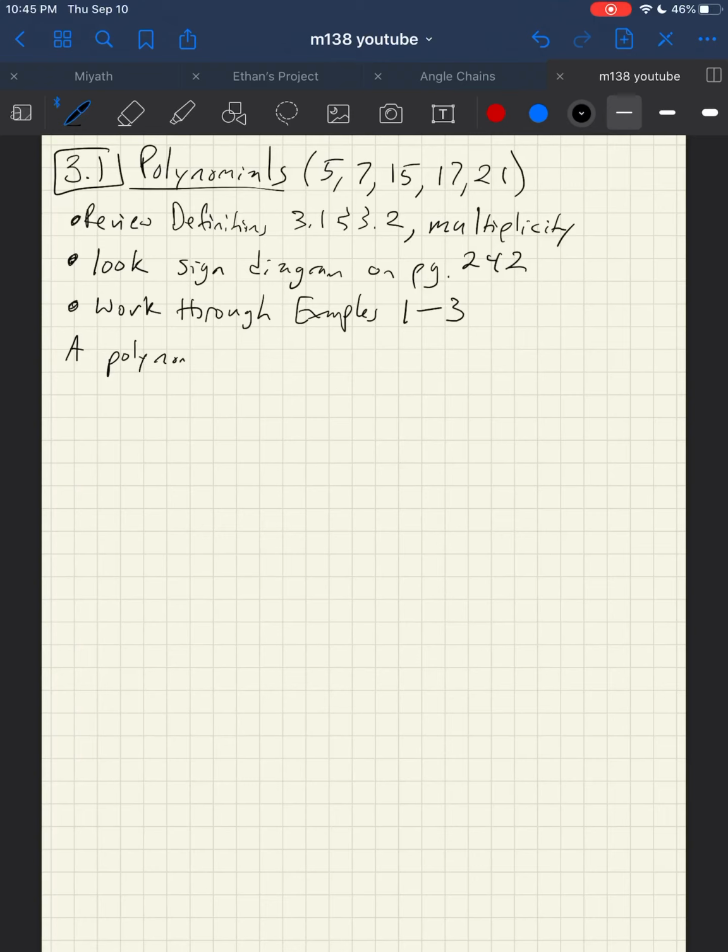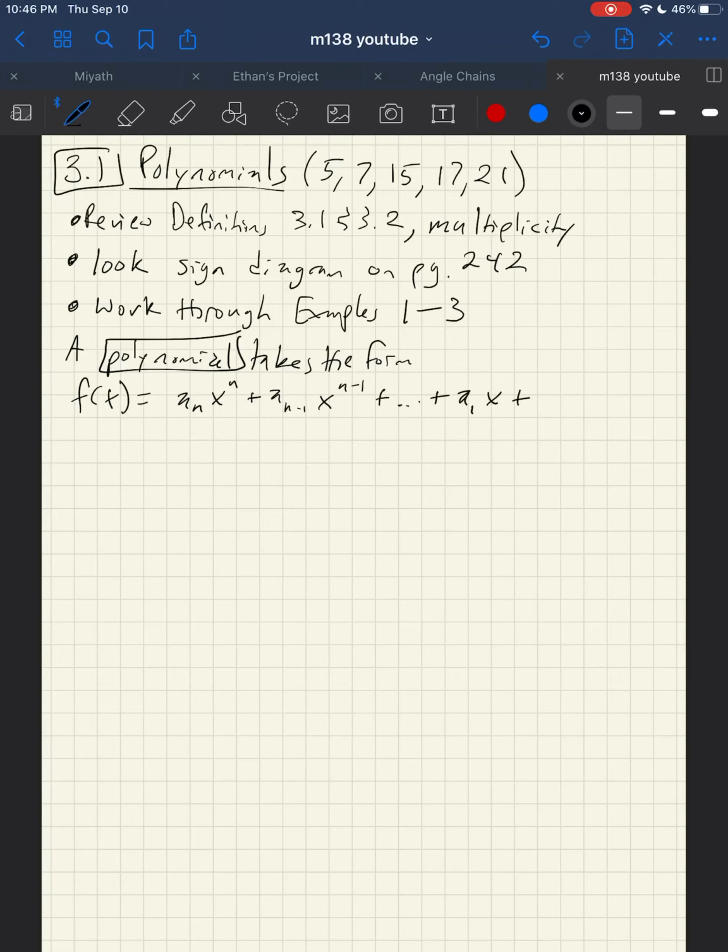Okay, so a polynomial takes the form f of x equals a sub n x to the n plus a sub n minus 1 x to the n minus 1 plus dot dot dot plus a sub 1 x plus a sub 0.